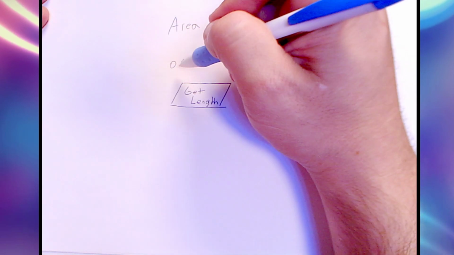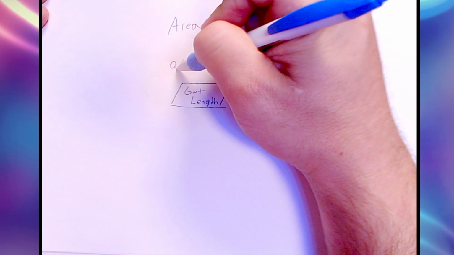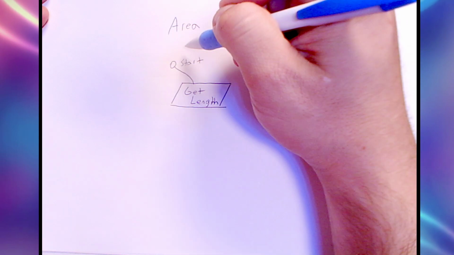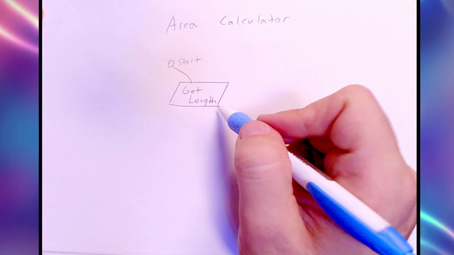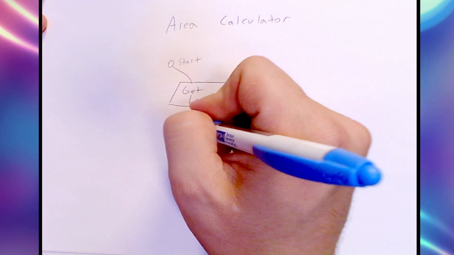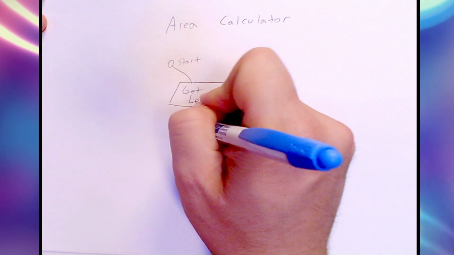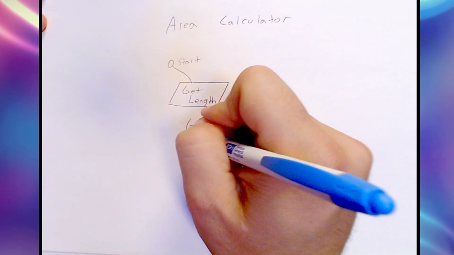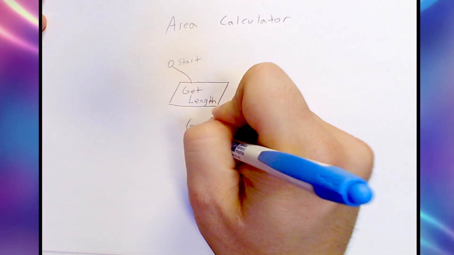The reason we call this a flowchart is because when you string these together, you'll be able to see from the start, you go down to where we're going to get the length. Then we're going to get width.